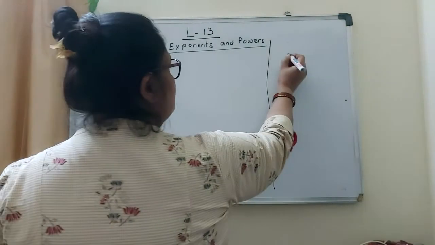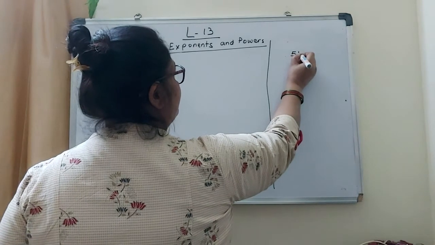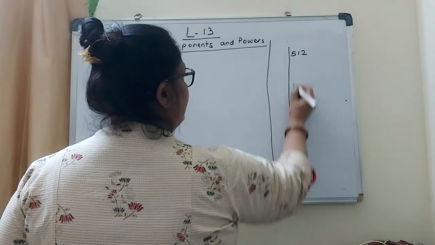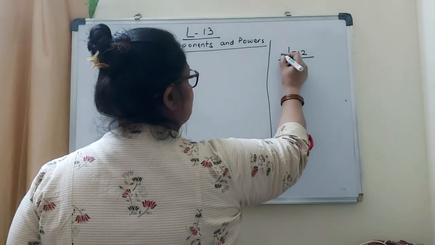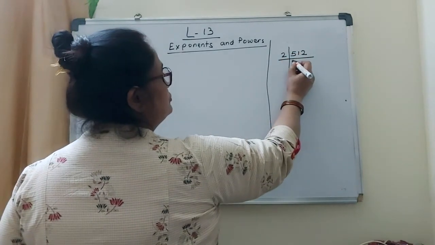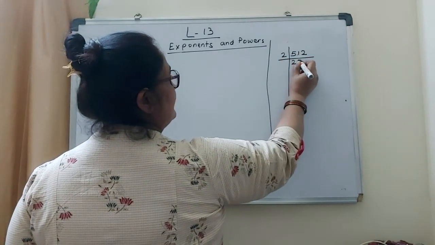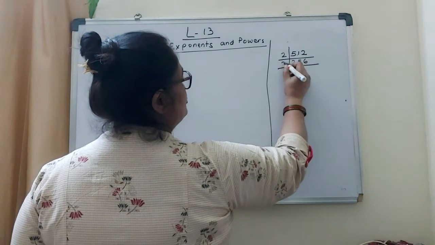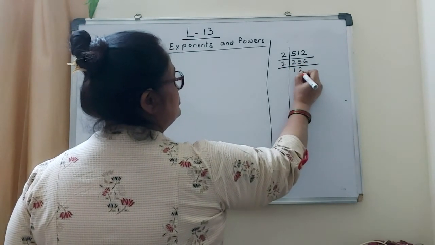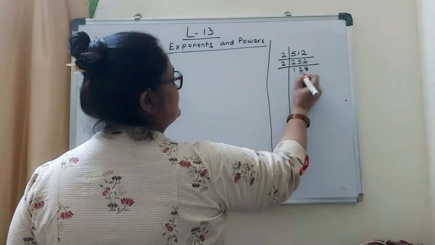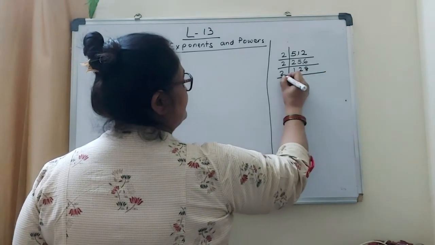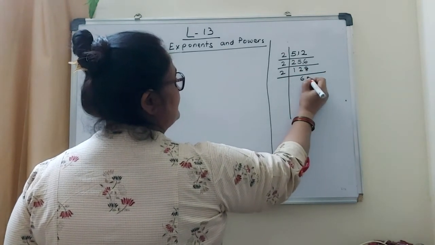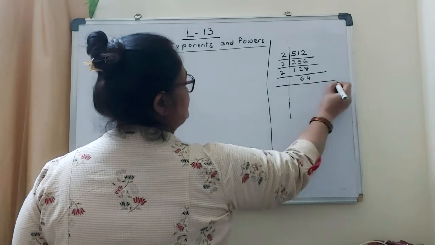Okay, so we divide 512 by the prime factors, starting with 2. 2 fives are 10, 2 ones are 2, so 256. Again with 2. 2 ones 2, 2 twos 4, 2 sixes 12, so 128. Divide with 2, 64.